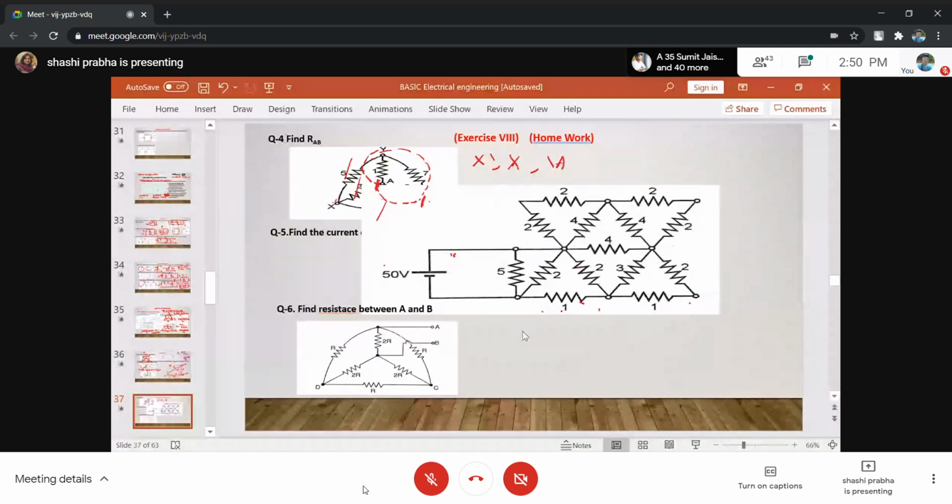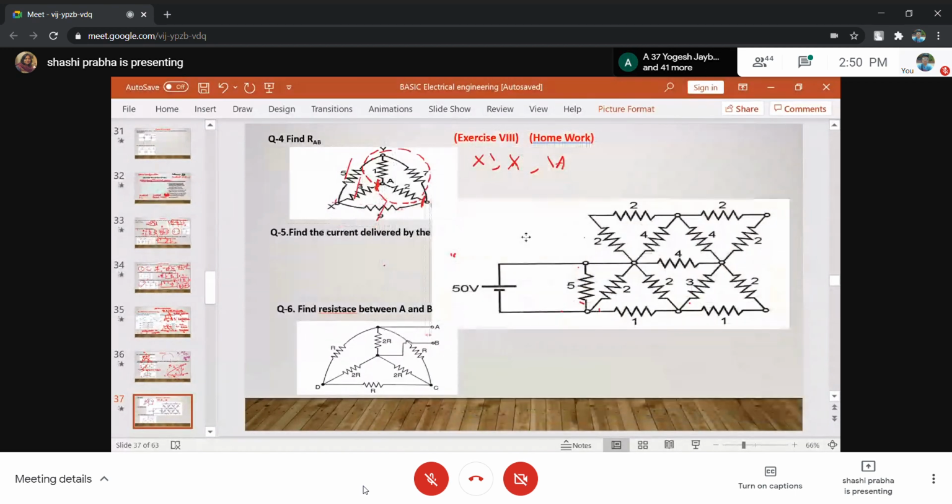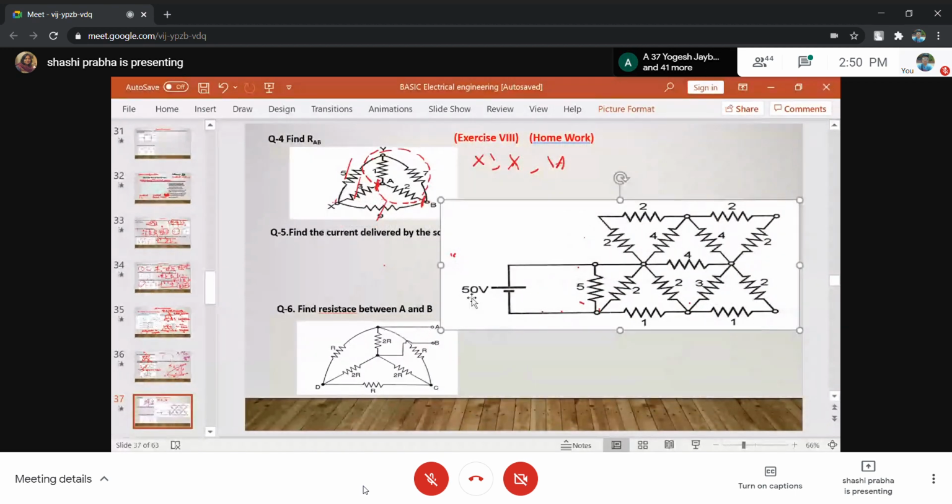Can you find current delivered by the source? जो मैंने अभी highlight किया ना उस पे बताना है. Can you find the current delivered by source? मतलब I current. अभी क्या करना है?